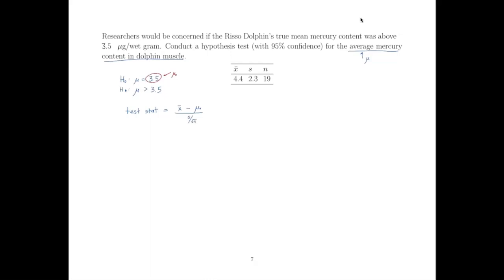So again, we've got our estimate minus our hypothesized value under the null divided by the estimated standard error. I'm going to plug in values: 4.4 minus 3.5, the hypothesized value under the null, divided by 2.3 divided by the square root of 19.